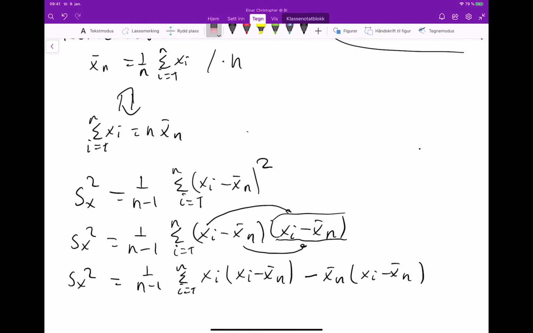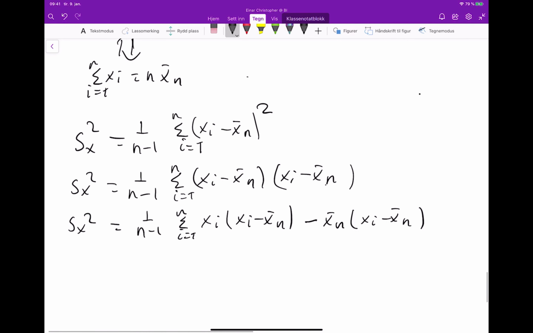So let's remove this. Actually we should have this one too. And then we can go on. I just multiply.